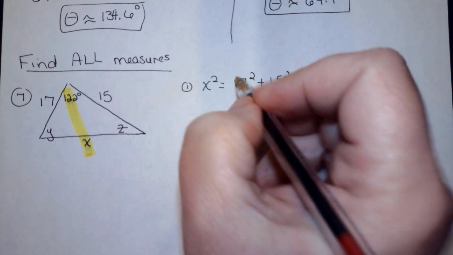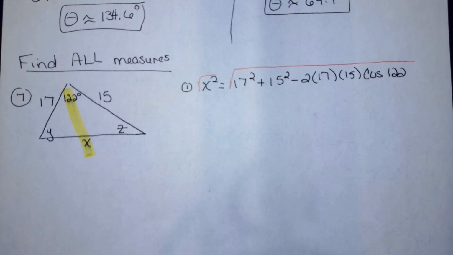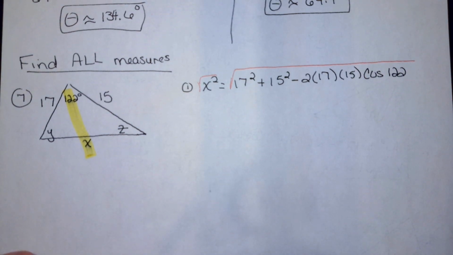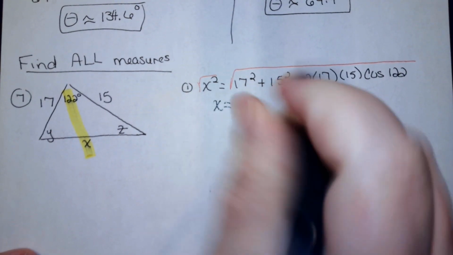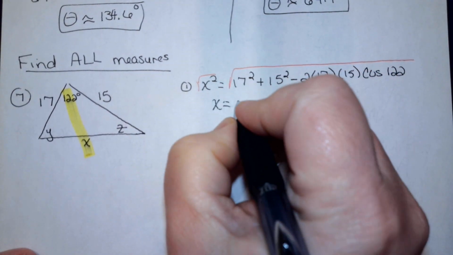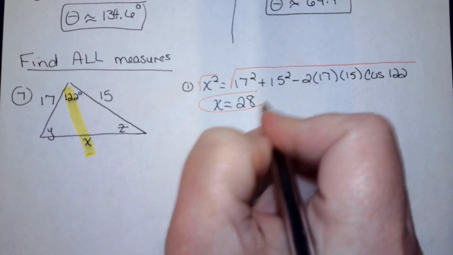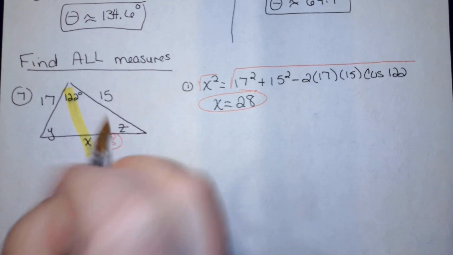This is x squared, but I want x, so I need to take the square root. When you put this in your calculator and solve for it, we get x equals 28. So this is 28.